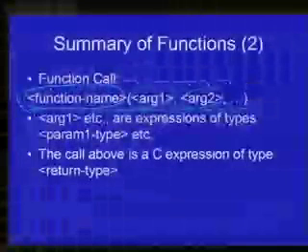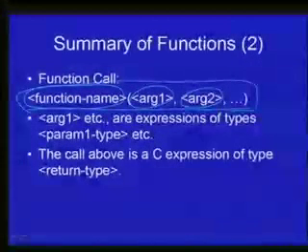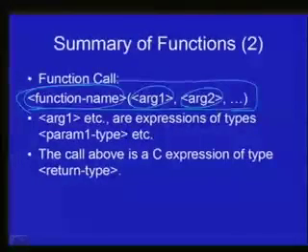These arguments have to be expressions. They can be arbitrary expressions of the appropriate types, and this entire piece of code is treated by the C language as an expression, and the type of this expression is the same as the return type of the function that we are calling.